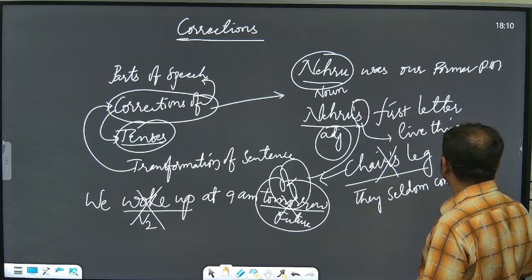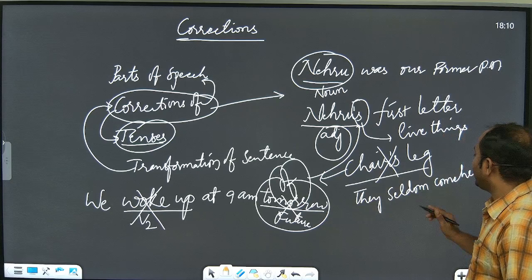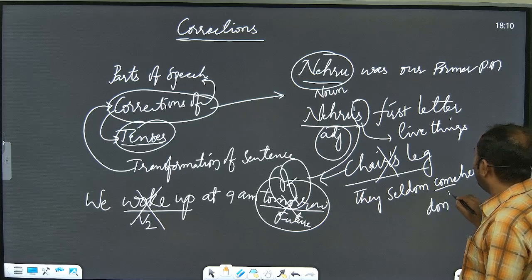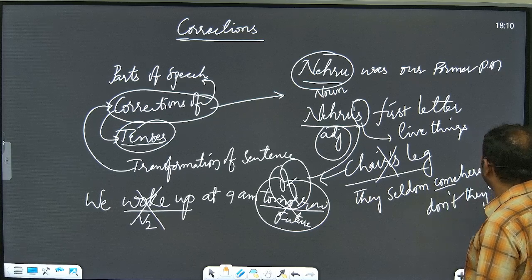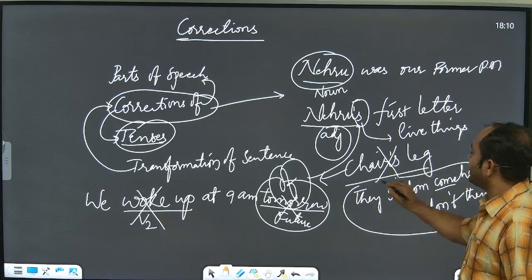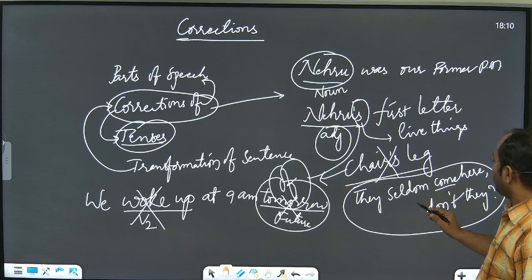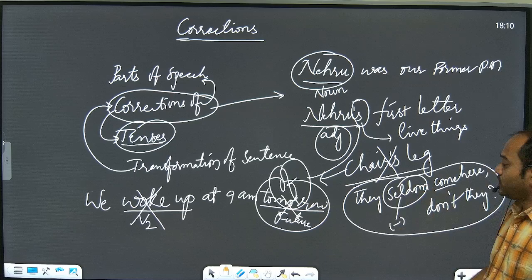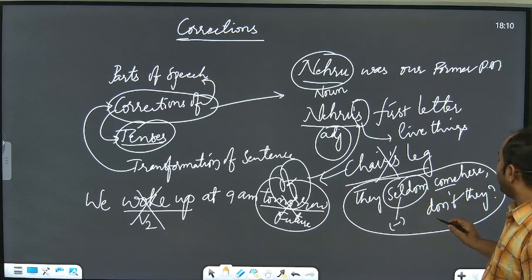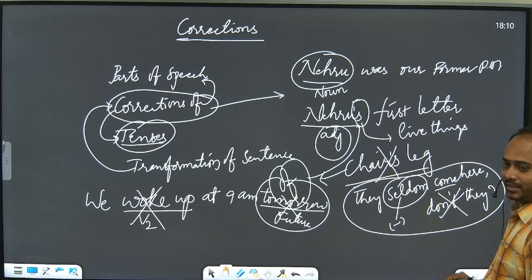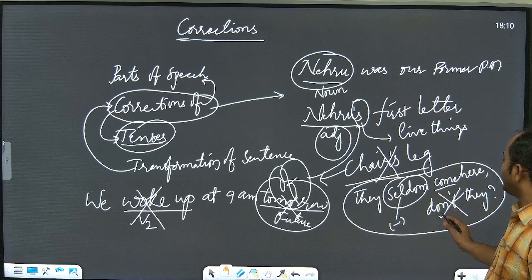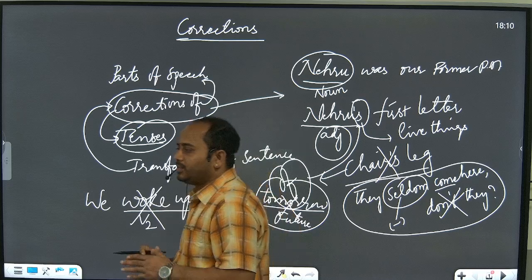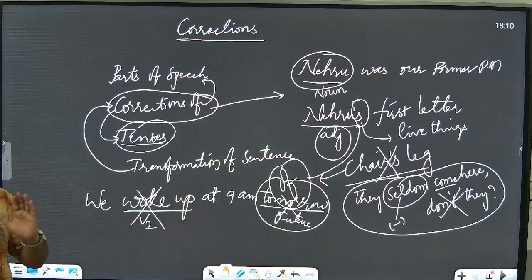What will be the question tag for this? I have given, they seldom come, don't they. This is the sentence given in the examination. But seldom gives a negative sense. As it is already negative, we need to go with the positive tag. So automatically you can understand that this is wrong. This is just the concept of how the corrections will be from functional grammar.